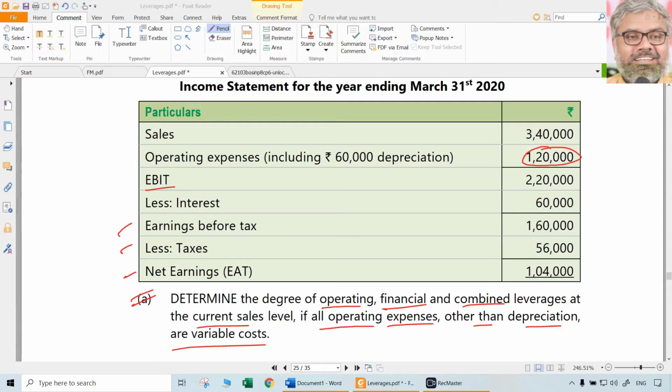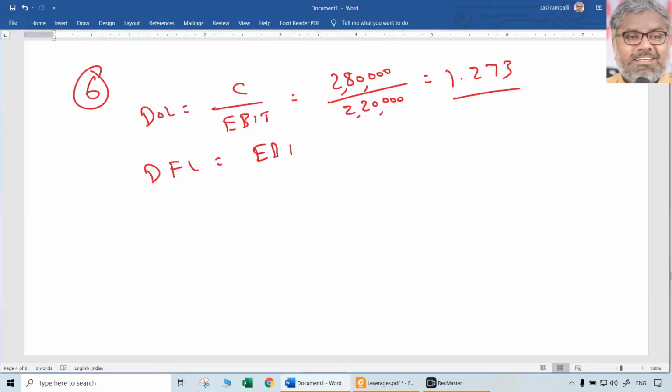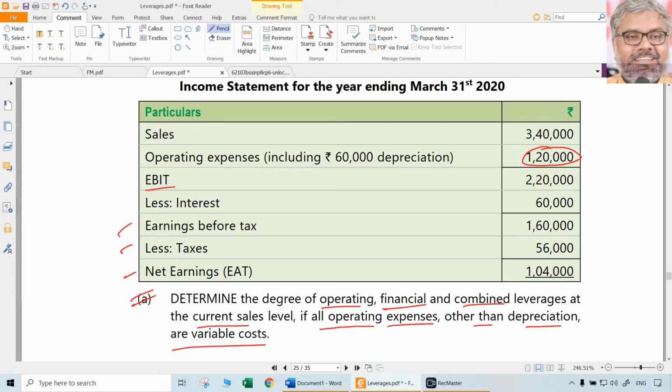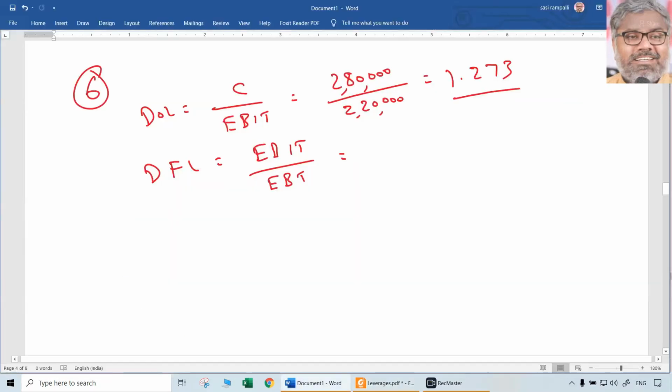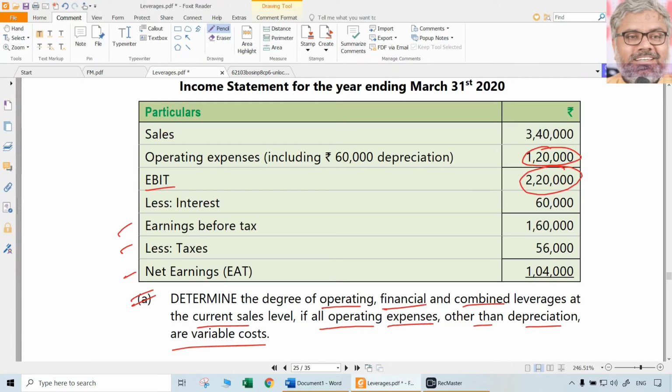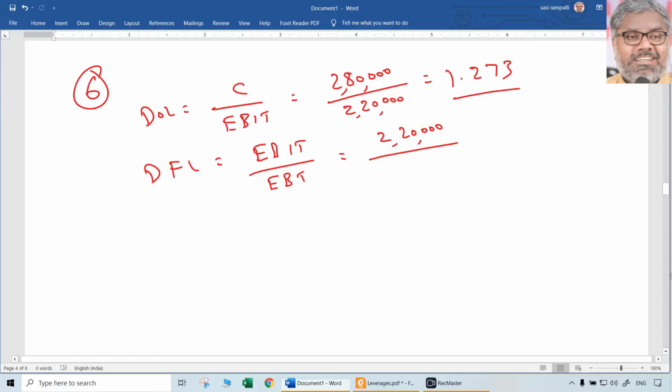Then degree of financial leverage, formula EBIT divided by EBT. Both are there. 2,20,000 divided by EBT, 1,60,000. So 220 divided by 160, 1.375.